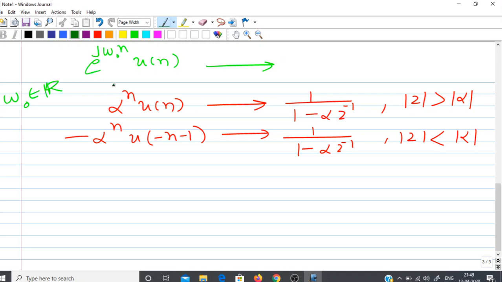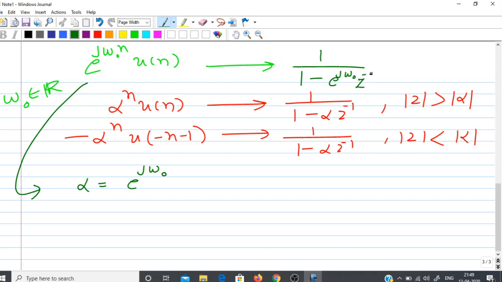So what is our alpha here for this sequence? If we compare, alpha is nothing but e to the power j omega naught. So if we write the Z transform expression for this sequence, it is 1 upon 1 minus alpha, alpha is e to the power j omega naught, z inverse with ROC mod z greater than mod alpha.